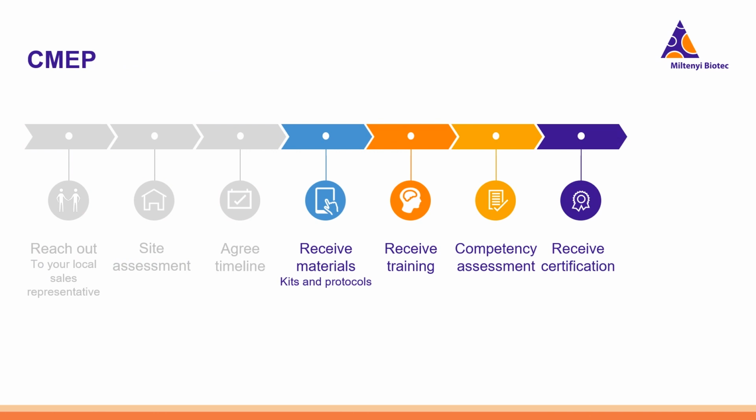Following that, we will send you a physical package, which will consist of the protocols, which you can then continue to use, as well as the kits containing all the reagents and materials that will be required in the training. Following that, there will be the 3-step training.